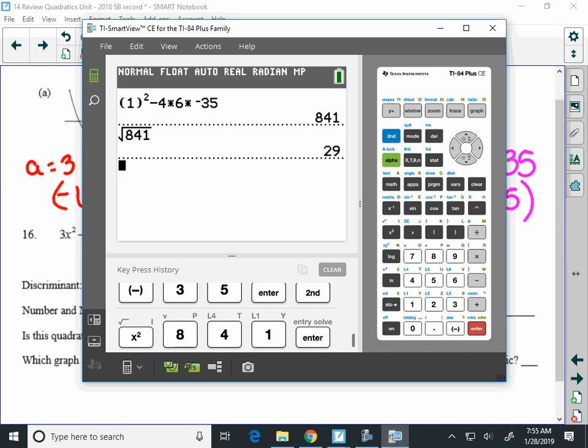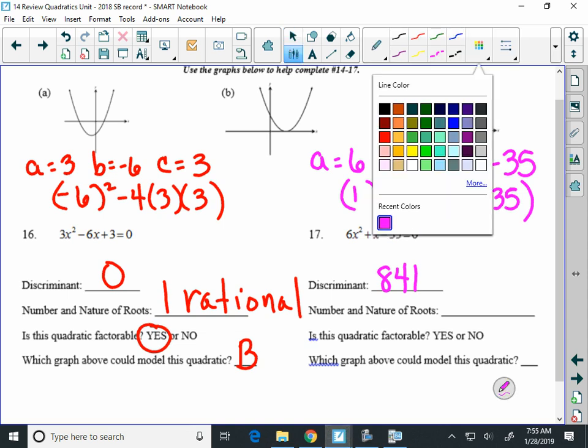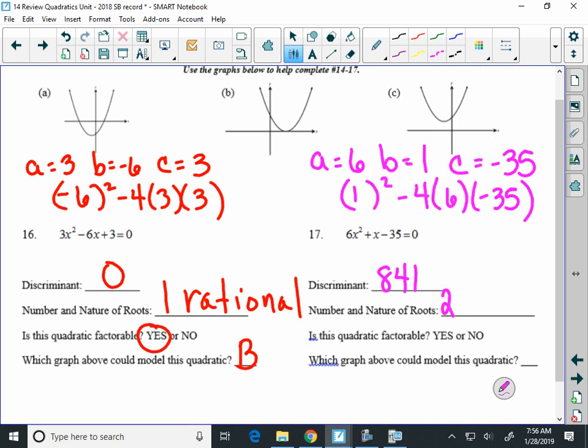We get simply 29, which means that it is a perfect square. Don't write the square root here on the problem. Our discriminant is 841. It is a perfect square, which means that we're going to get two rational solutions. And again, whenever we get rational, that means that our quadratic is factorable. And then we're going to pick the graph that crosses the x-axis twice, which is going to be A.